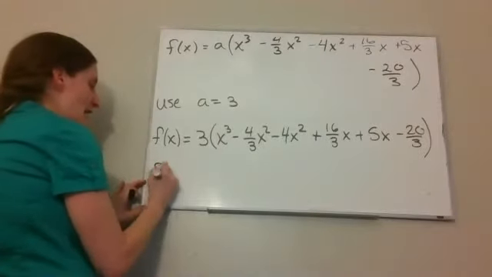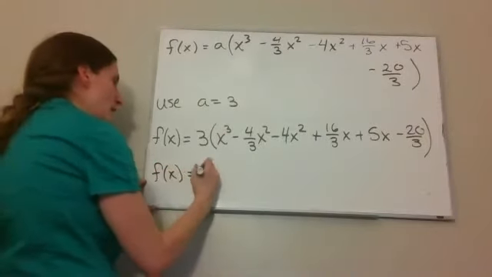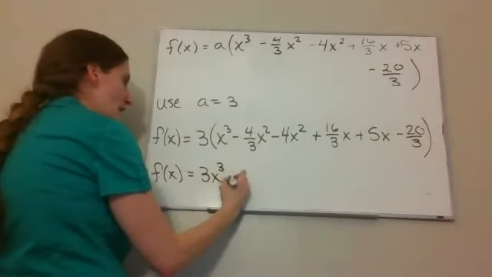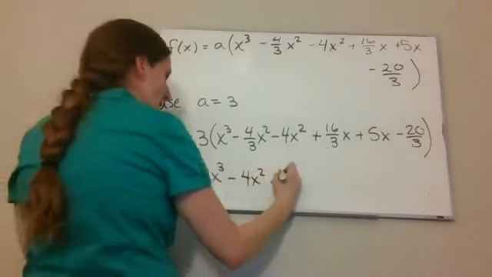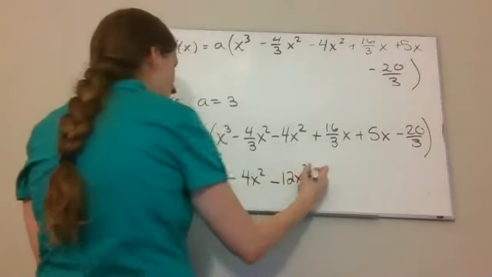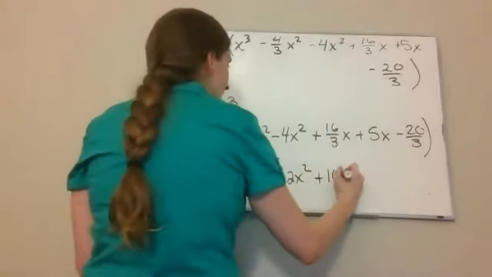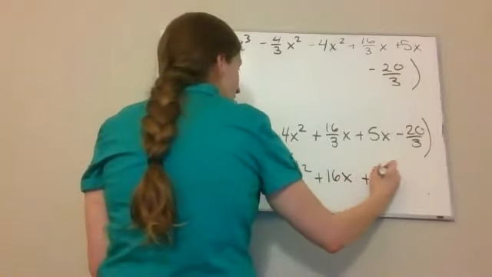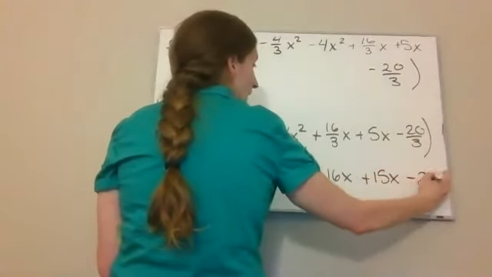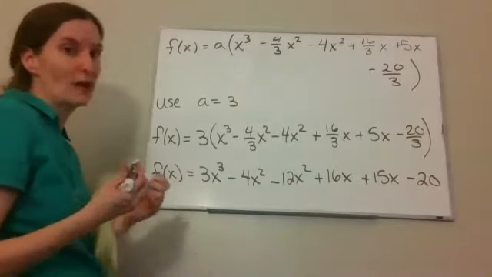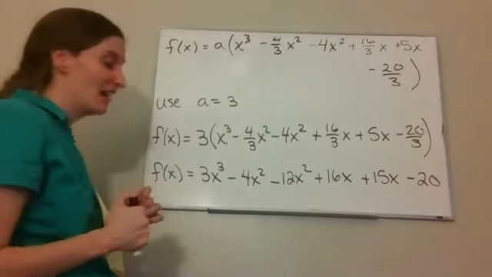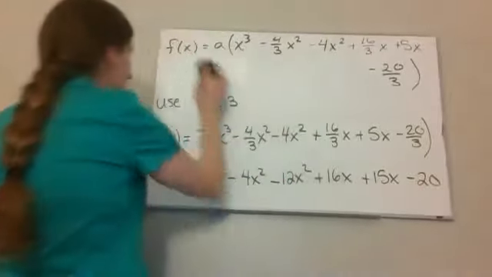I get f of x equals 3x to the 3rd minus 4x squared minus 12x squared plus 16x plus 15x and minus 20. And now if I just combine like terms, we'll have it as simplified as we can, and that will be our solution to the problem.